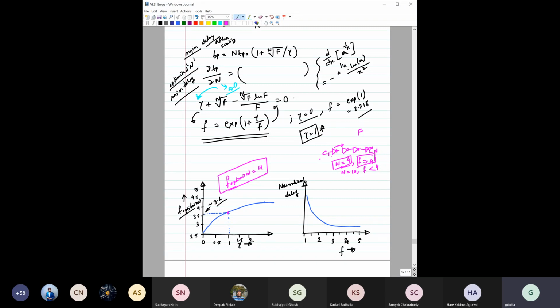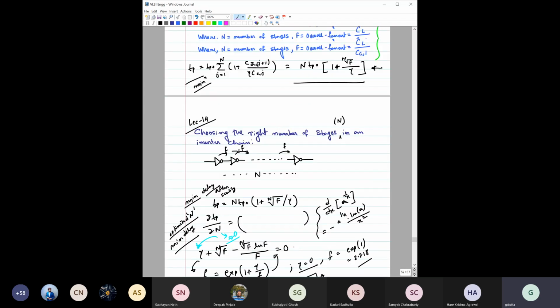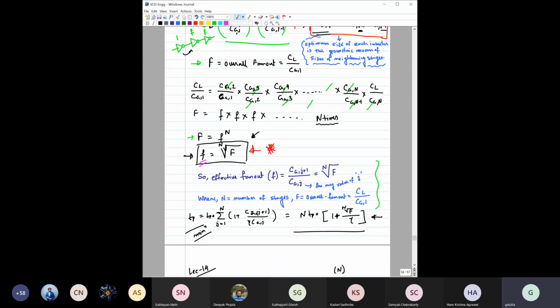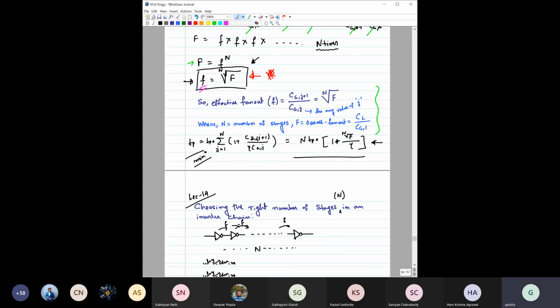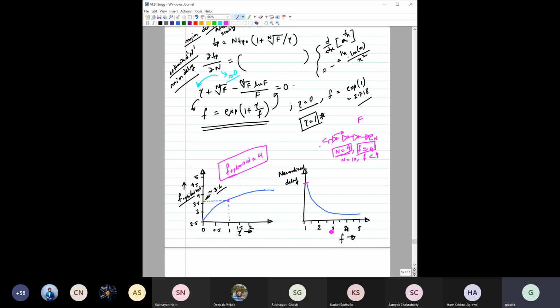And here you can see the normalized delay. Normalized delay is basically this TP by TP naught. That's why you are normalizing, right? So the normalized delay, if you plot it with respect to this F, gives a plot like this.